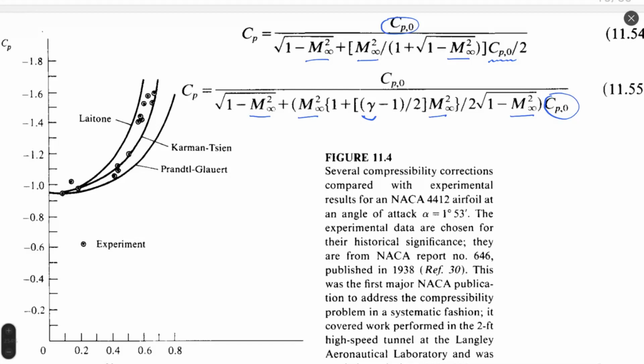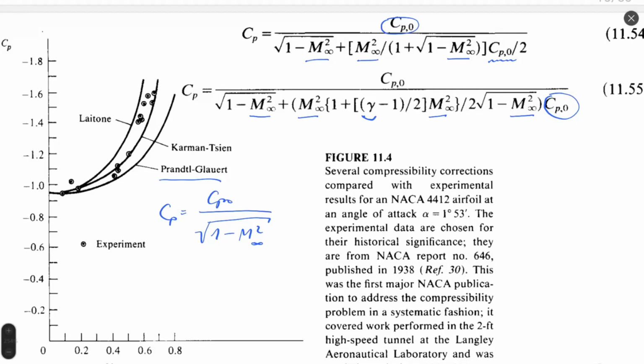For some cases, also the Prandtl-Glauert correction, the first one, which was the simplest one, is better: Cp0 divided by the square root of 1 minus M infinity squared. This was the Prandtl-Glauert correction from the previous slide. It's not here. For some aerodynamic bodies, this function is better.